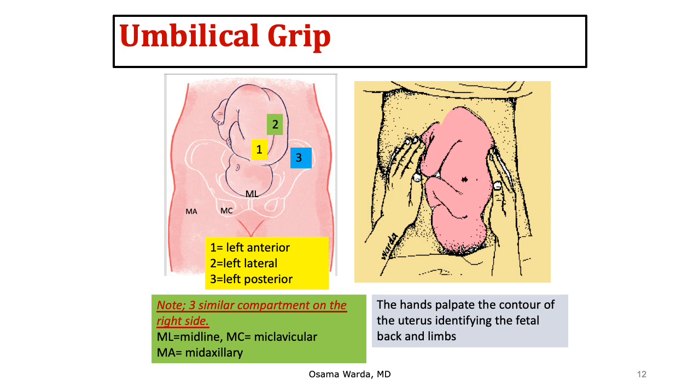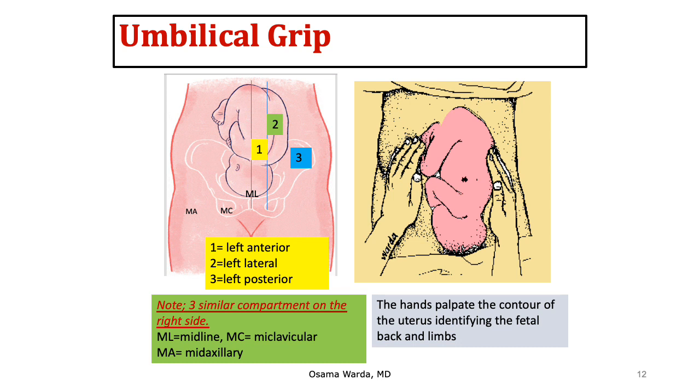We perform the umbilical grip to identify the position of the fetal back in relation to the anterior abdominal wall of the mother. For this purpose, we divide the anterior abdominal wall by 3 lines.